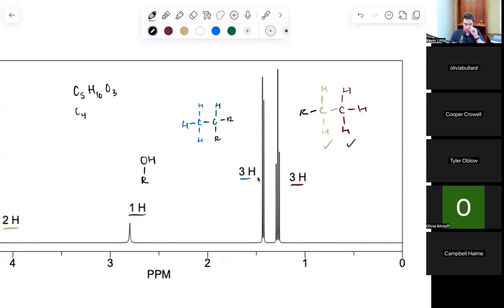There's 4 carbons I've drawn out in my fragments. I've explained 1, 2, 3, 4, 5, 6, 7, 8, 9, 10. I've explained all 10 of my hydrogens. And I've explained 1 oxygen. So that means I have 1 carbon and 2 oxygens left. CO2.